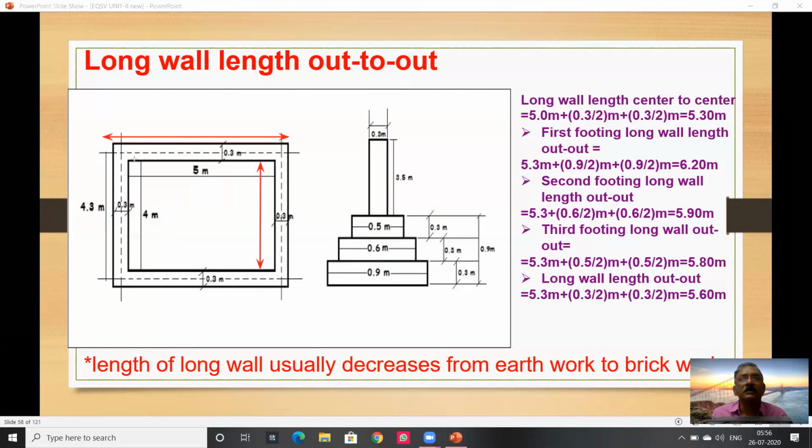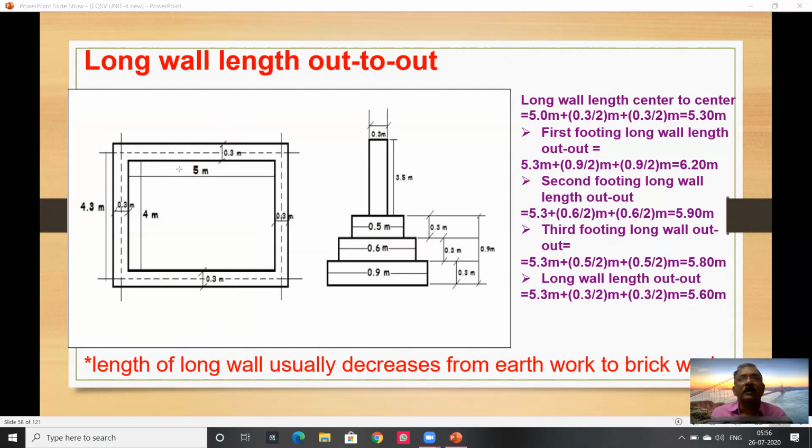Long wall means the one with more length. By seeing the figure, you can imagine there are 2 long walls and 2 short walls. First, the long wall quantities we have to calculate. How to calculate?